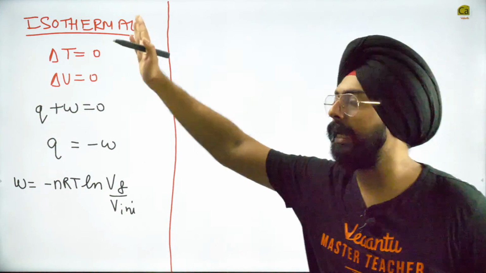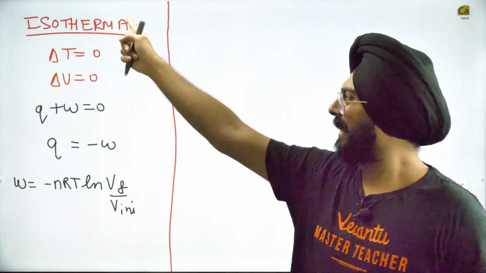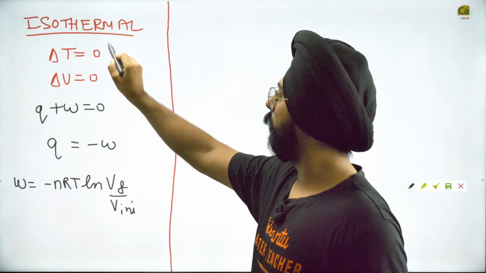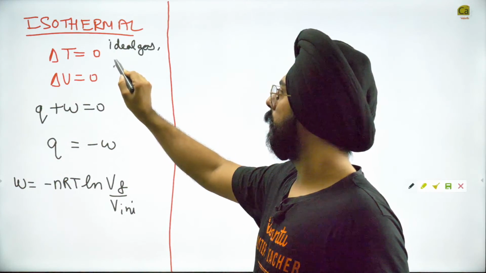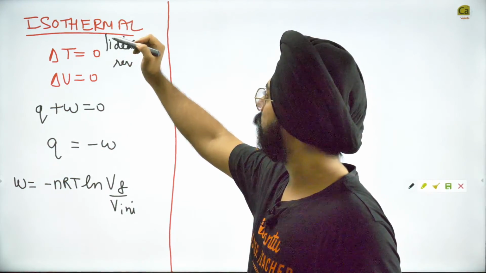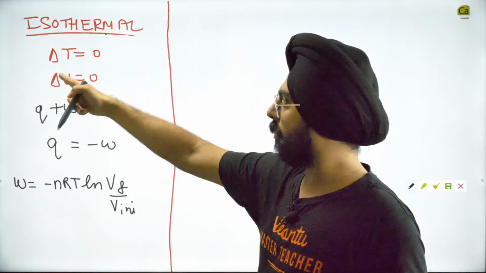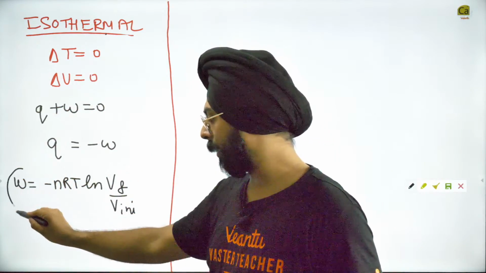These are the ideas that you have to remember for an isothermal process. In isothermal, the relations Q plus W equals 0 and Q equals minus W are general.